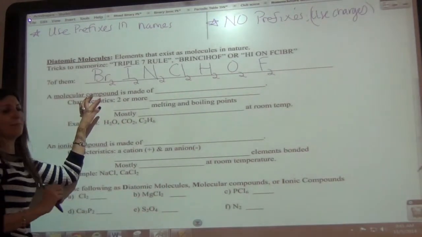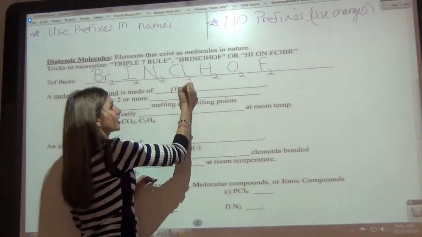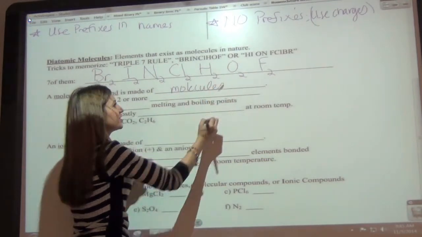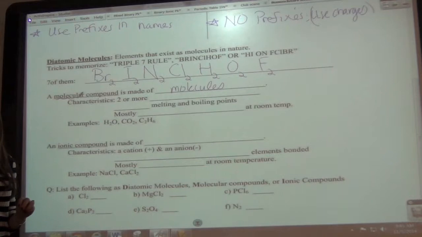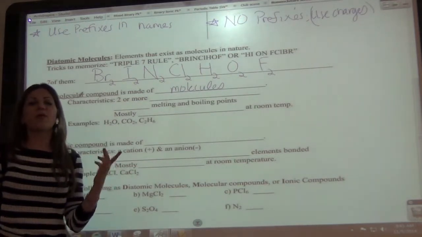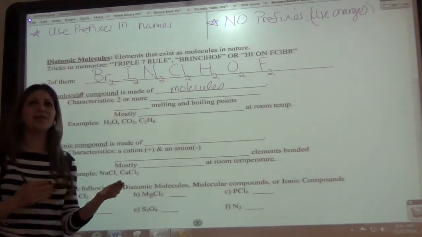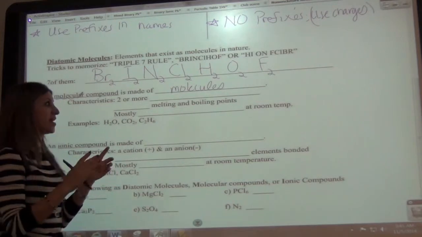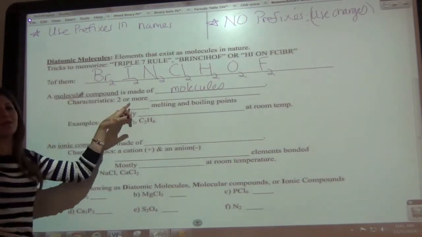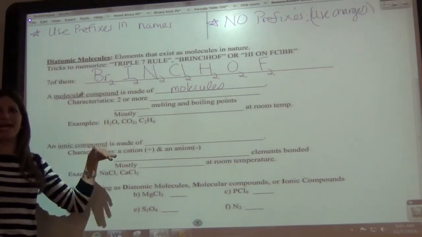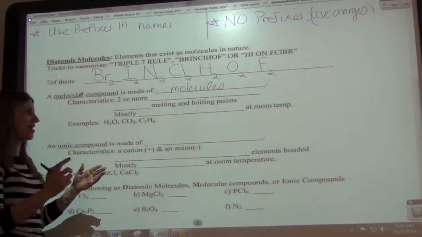A molecular compound, we said, is made of molecules. Easy, because molecular, molecules, okay? So in one of the hours, we were trying to come up with a way to remember that the molecular compounds are made of nonmetals, whereas the ionic ones are metal, nonmetal, or cation, anion.